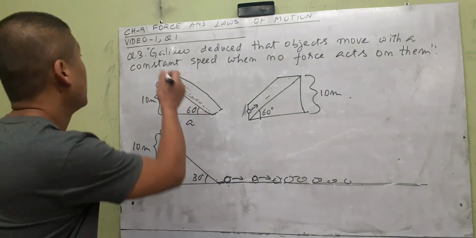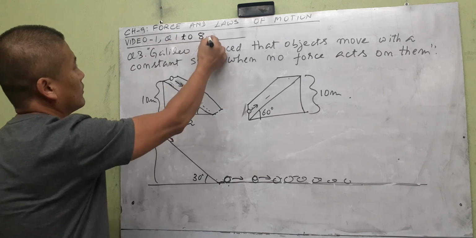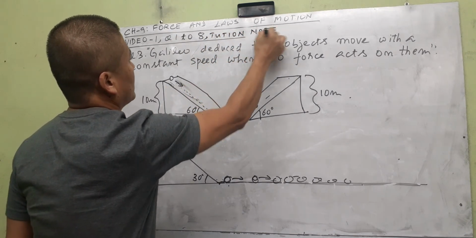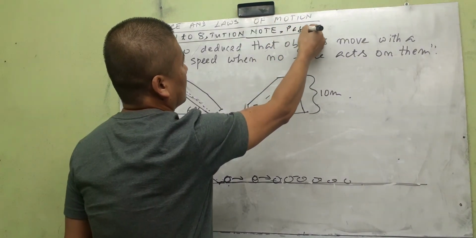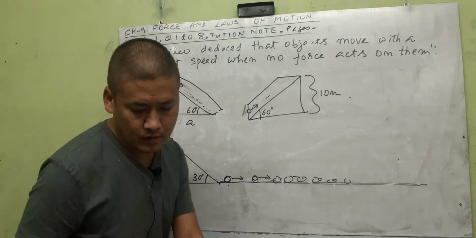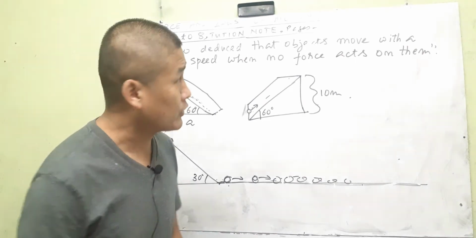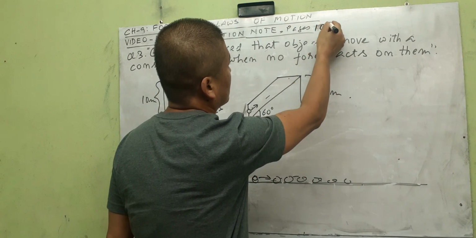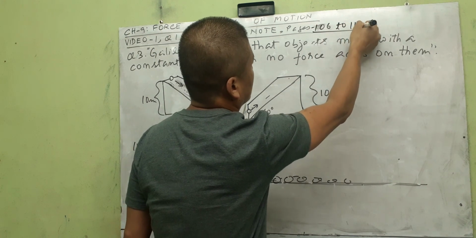So we have today video 1, question number 1 to 8. So for tuition, write down in your tuition copy whatever you've scribbled, and then pages 106 to 110.